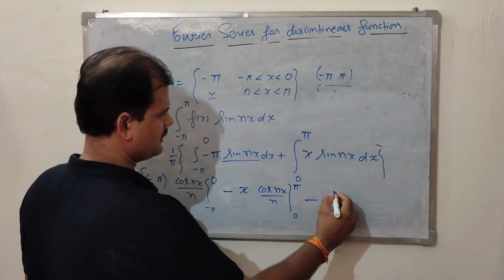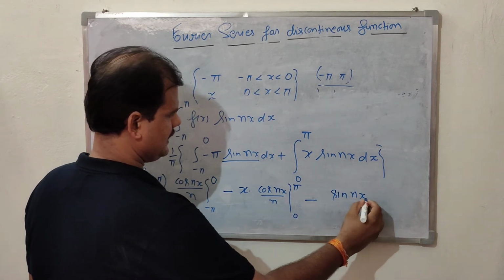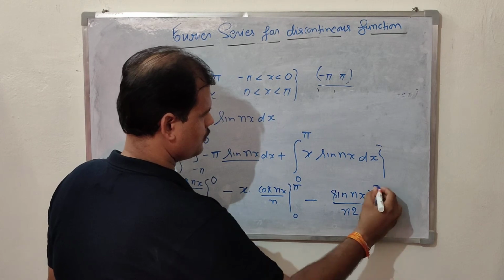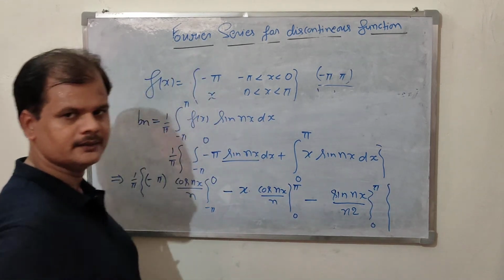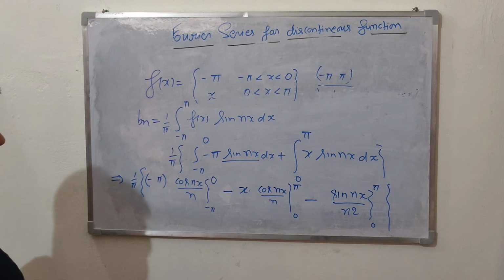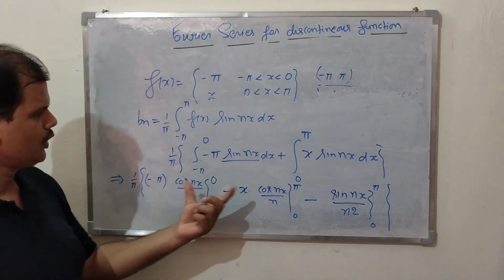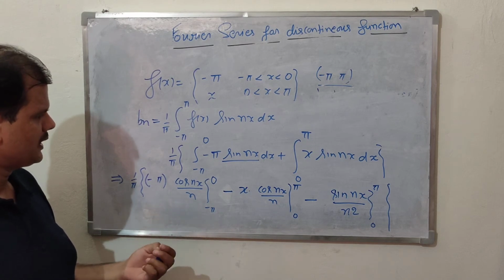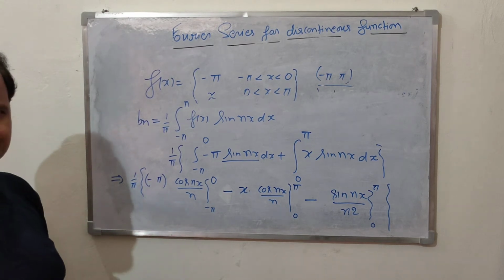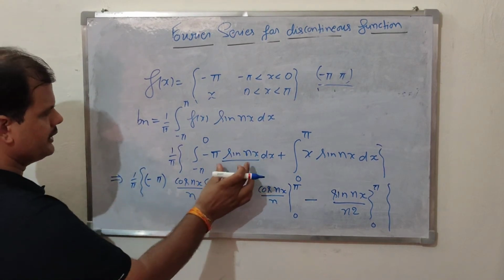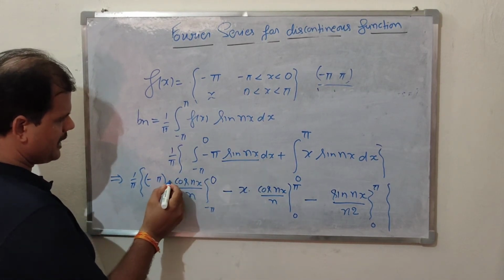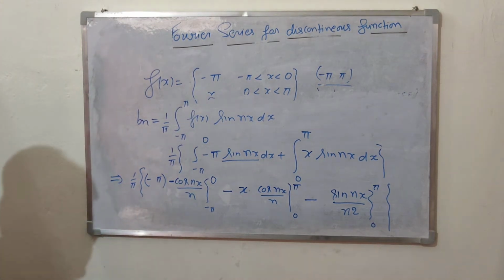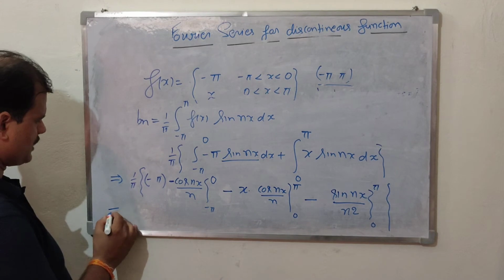So now we'll get sine nx by n square, 0 to pi. Fine. So this is the integration we have. Now let us substitute the upper limit minus lower limit and see what answer we are getting. So here the integration of sine nx will be minus cos nx, right? I did not put minus here. So now if you simplify, what do we get?